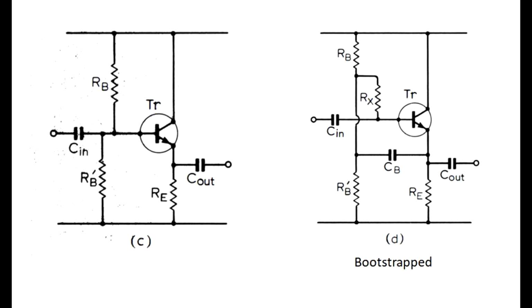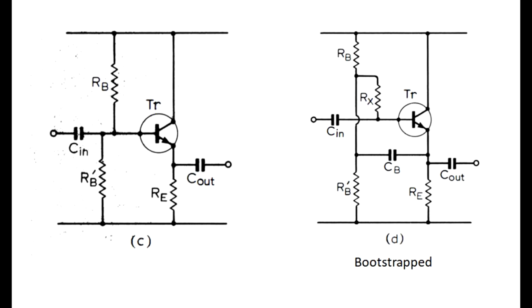So what CB does is as the AC signal flows through the transistor and appears on the emitter of the transistor, that AC signal will backflow through CB and will modify the DC bias point between those two input resistors. And that value then will be put on the base.